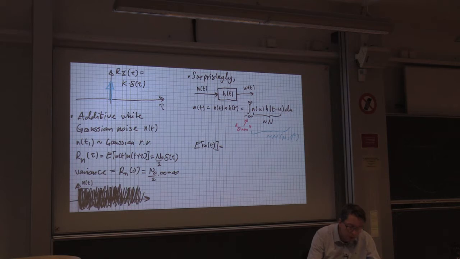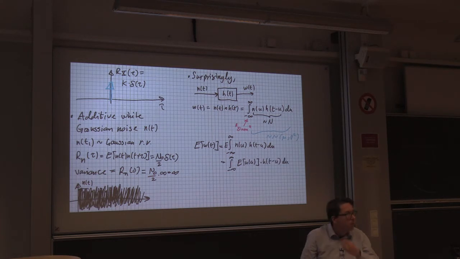It is the expected value of the integral of n(u) h(t minus u) du. Since expectation is a linear operator, we can write this as the integral from minus infinity to infinity of the expected value of n(u) times h(t minus u) du.